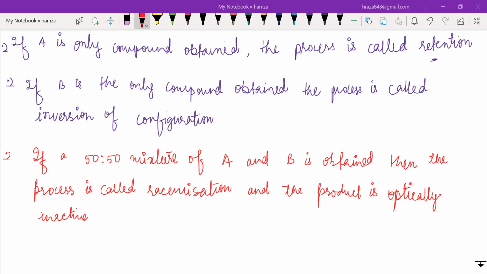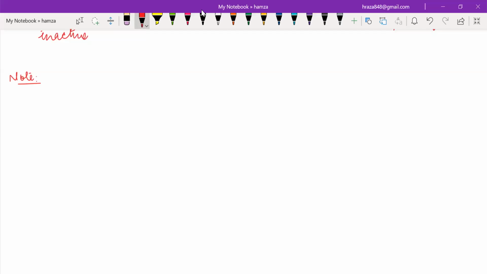Done. Very good. Now see, always remember that in SN2, since it is back attack, there will be inversion of configuration. But in SN1, you can see attack can be from the front, so racemization, and SN2 is accompanied by inversion of configuration. So I'm going to write a point.